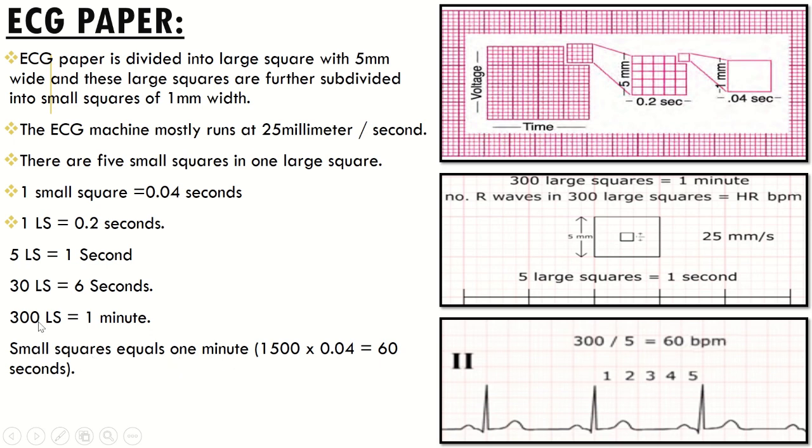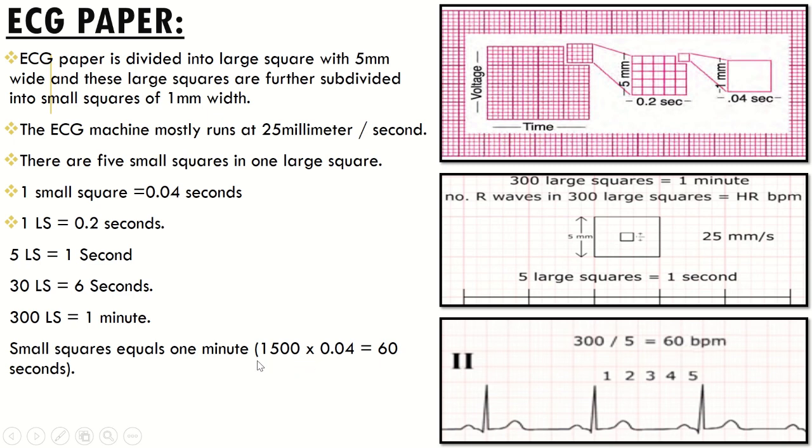So we have already seen that in 1 minute there are 300 large squares. For 60 seconds, that is 1 minute, how many small squares will there be? Multiply by 5, because in one large square there are 5 small squares. So 300 into 5 is 1500 small squares.